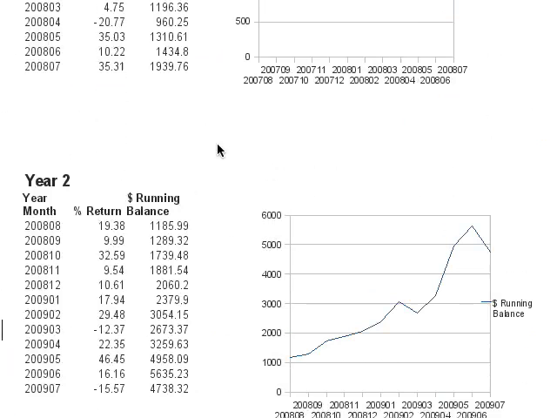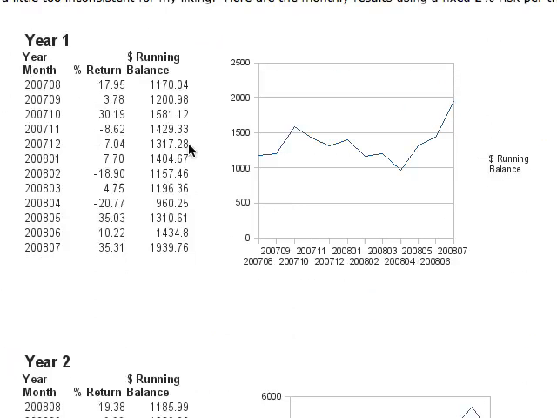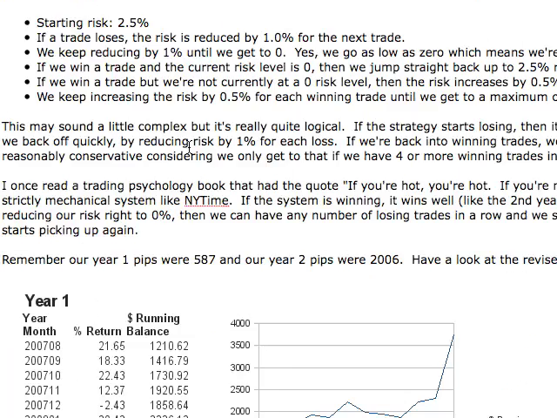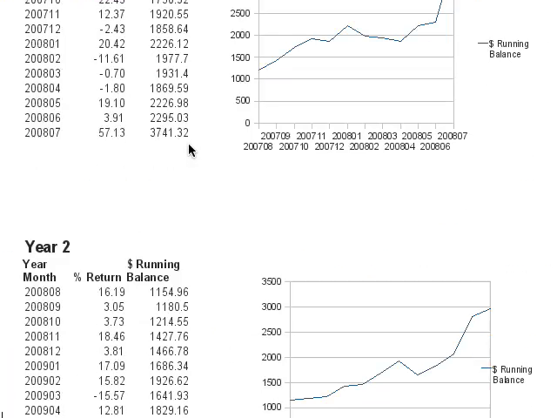The second method, using the more advanced money management rules, we made about 4,700. So, you know, neither here nor there, but a more consistent result was definitely had using the variable risk percentage.